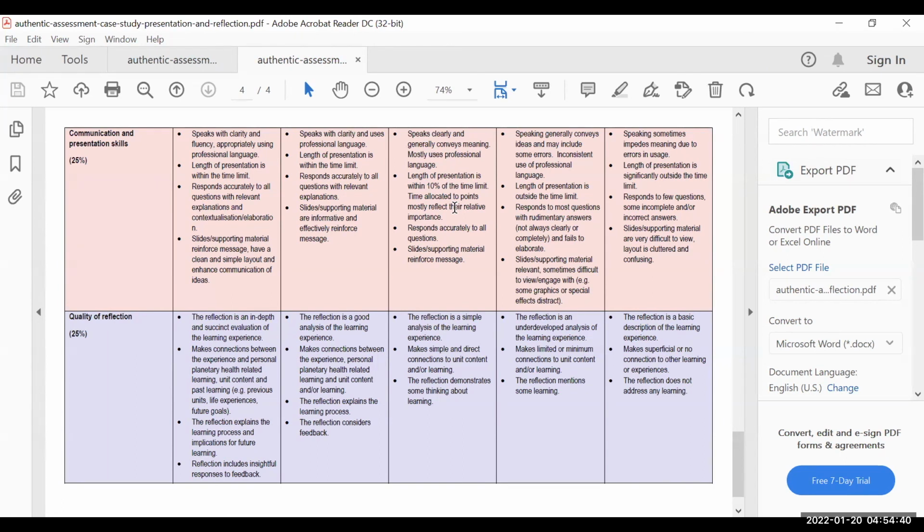So the 4 criteria that are obvious in the first example of the rubric, those 4 criteria are the heart and soul of what students are going to be doing, learning, being part of.